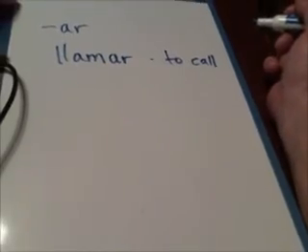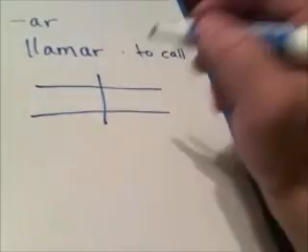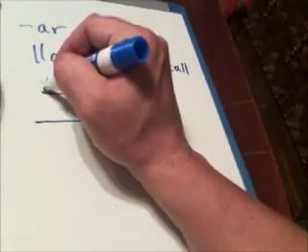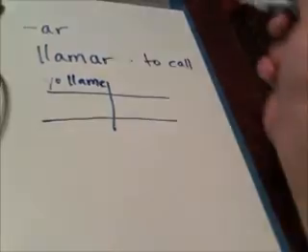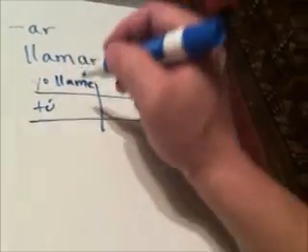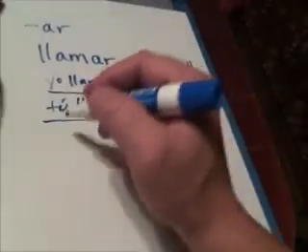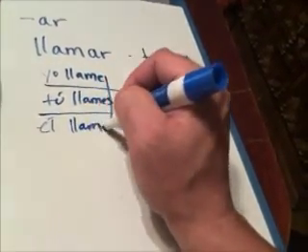Okay, so what we should do here is obviously fill out a verb chart. Always, always, always. Okay, yo llame. Okay, tú llames. Él, ella, usted llame.